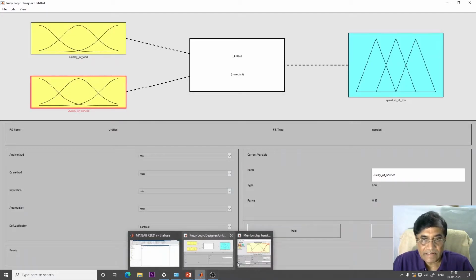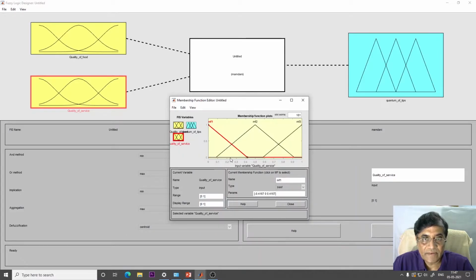Now I need to also fuzzify the service quality. Say this is characterizing the poor service of the waiter. I am using this as poor service. If the value is up to this, it will be characterized as perfectly poor, and then not so poor, like that.